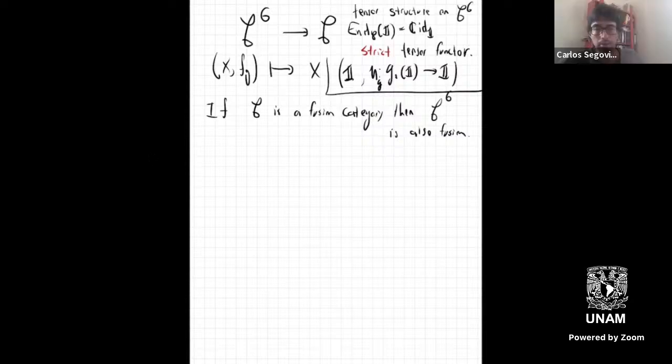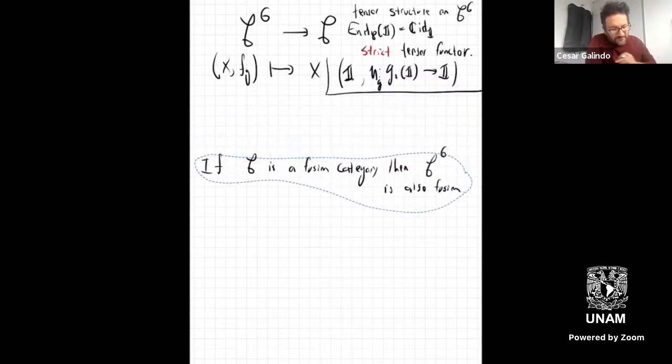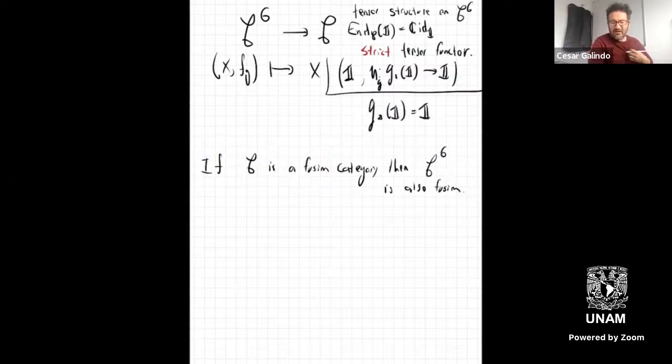And why does this happen for the equivariantization of the fusion category? You can think for a moment, just to do things simpler, that your functor is in such a way that really this happens. This is not a big deal, because every functor can be replaced by another one that has this property.